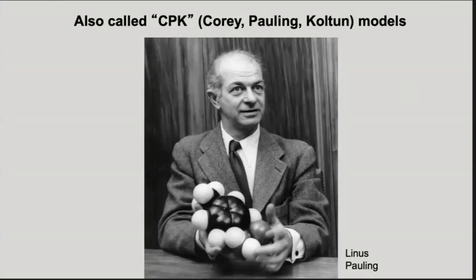And when he realized that atoms had kind of a predictable size, a predictable diameter, he decided that wouldn't it be cool if you could actually make little wooden models where there were a whole bunch of little spheres, and the diameter of those spheres was the van der Waals radius of that particular element.